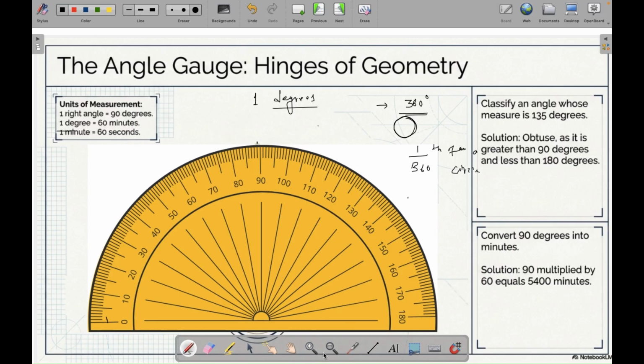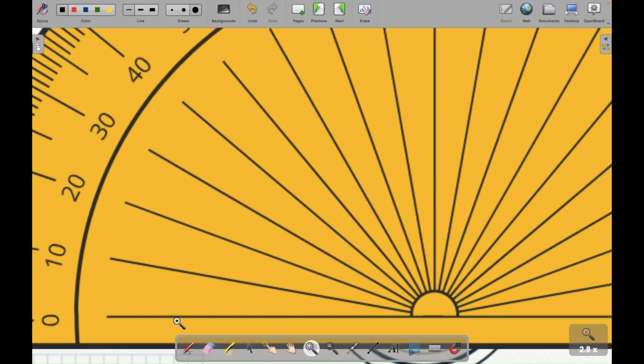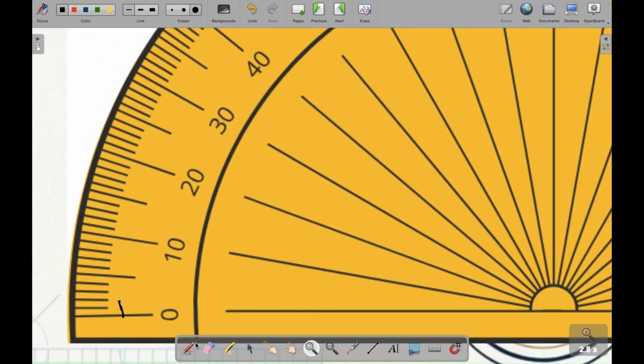Okay, and this is how we represent the degrees. For example, this is 0 degree, this is 10 degree. We have divided this into 10 equal parts, so this part represents 1 degree, this part 2 degrees, this is 3 degrees, this is 4 degrees, this is 5. Just like we measure any length using a scale, we can measure angles using degrees.